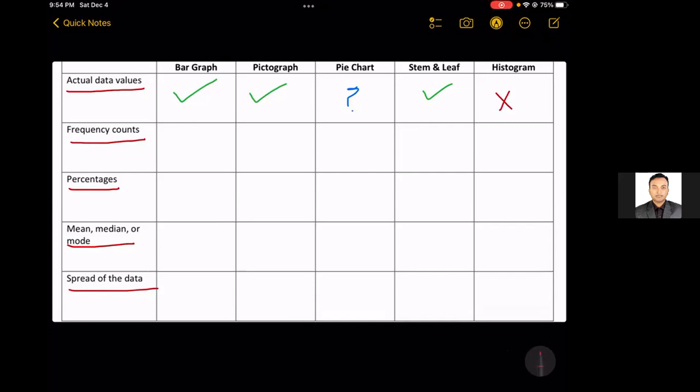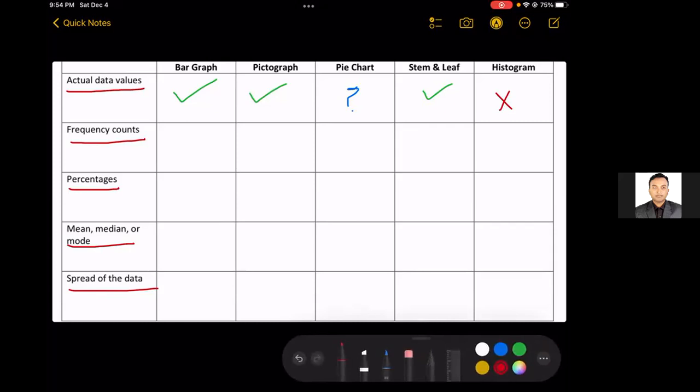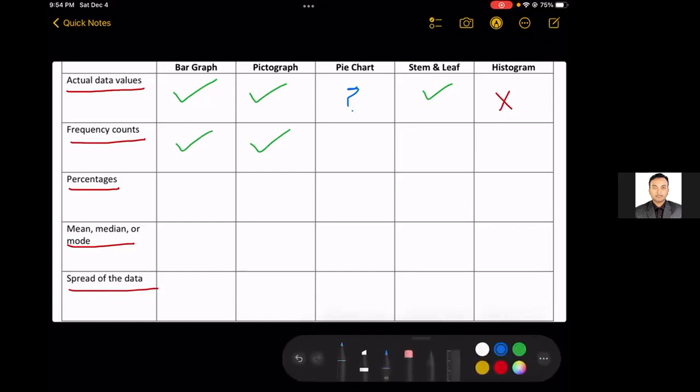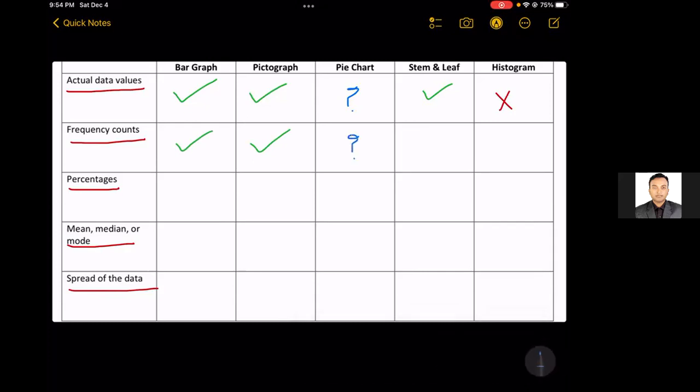Okay, frequency counts. Again, in a bar graph, definitely frequency is given. We can see how many of those are there. For pictographs, definitely you can count, right? For pie chart, again, as I said, since we work with percentage, on occasions we may not be able to compute it. Often we could, but sometimes we can't.